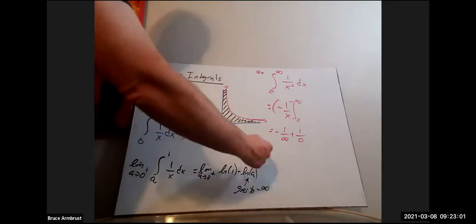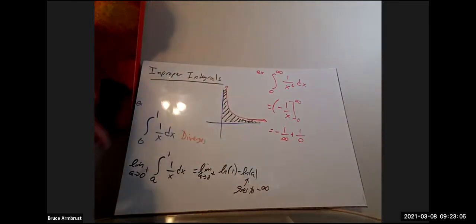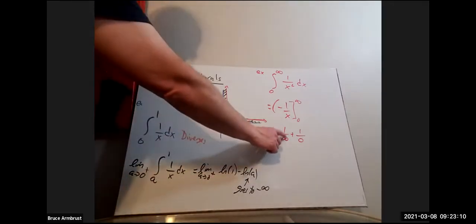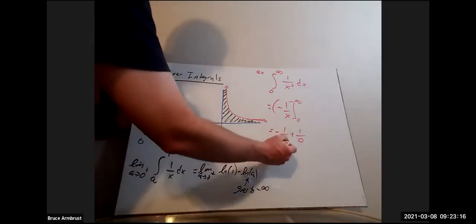Okay, now technically I'm not plugging in infinity and I'm not plugging in 0. Now I need to think about the limit. So what happens when I have 1 and I divide by something really, really big? Well, that guy goes to 0.